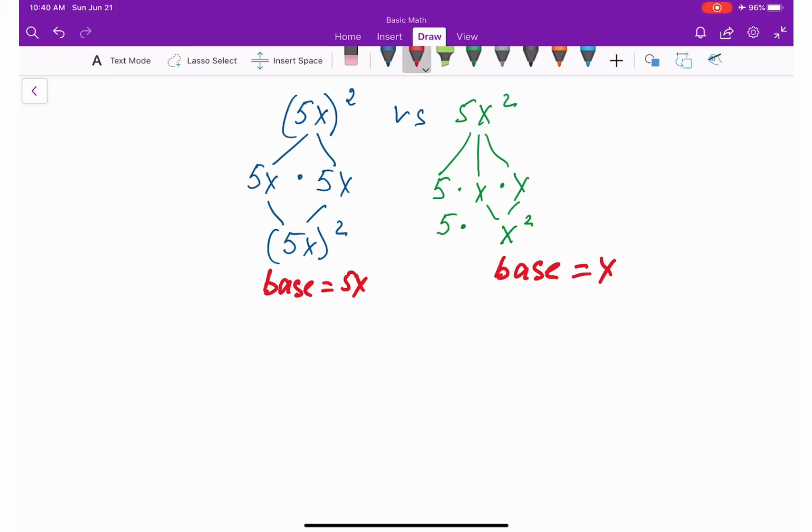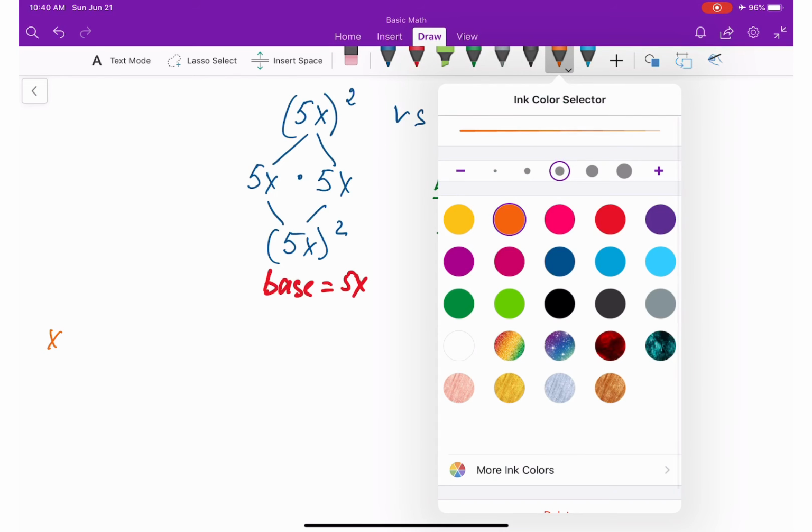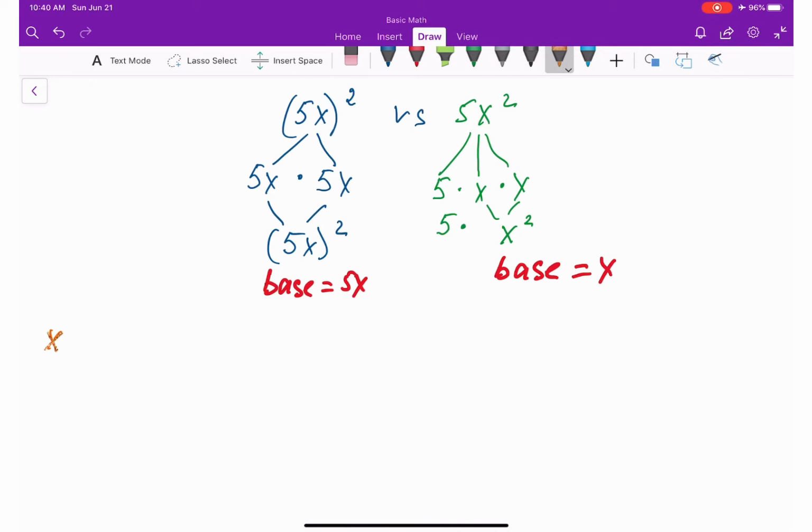Well, let's solve an example for x equal to 3. What do we get? 5 times 3, to power 2. 5 times 3 is 15, to power 2, and that is 225.